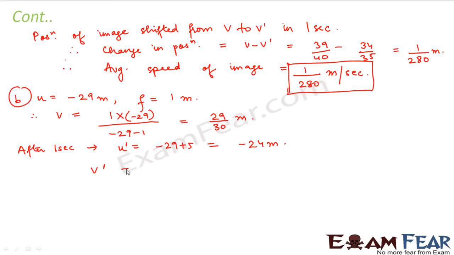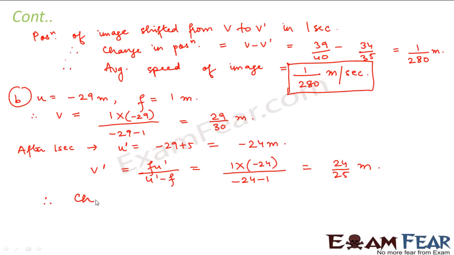This is u dash. So v dash will be equal to f u dash divided by u dash minus f. So this comes out to be 1 into minus 24 divided by minus 24 minus 1, which comes out to be 24 by 25 meters. Therefore, what is the change in position in 1 second?